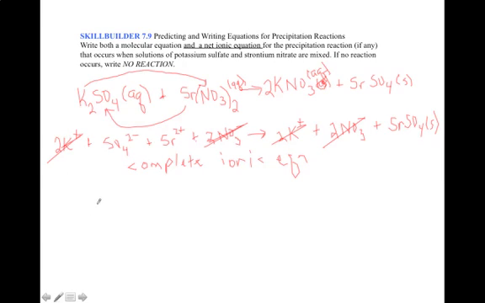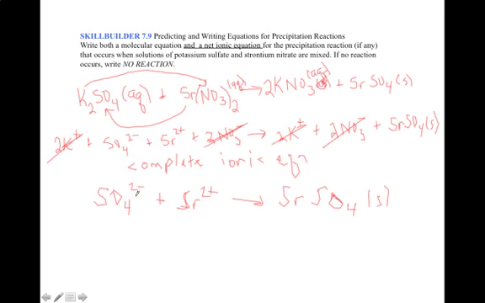Okay, so our overall net ionic equation then is going to be SO4 2 minus plus strontium 2 plus gives strontium SO4 solid.